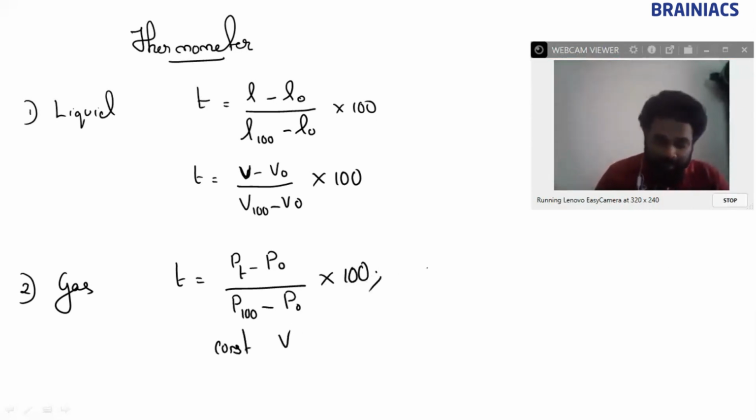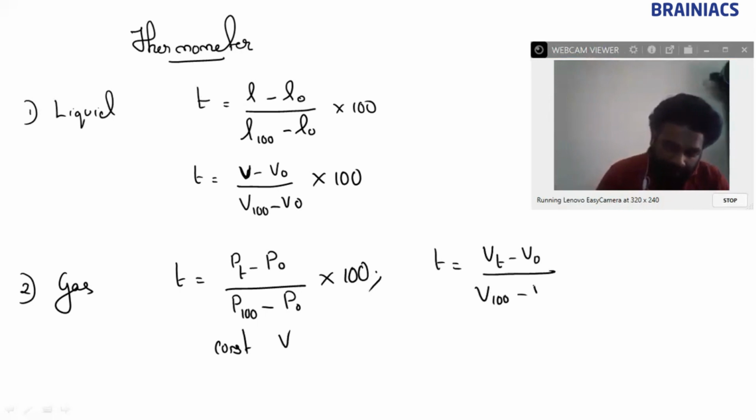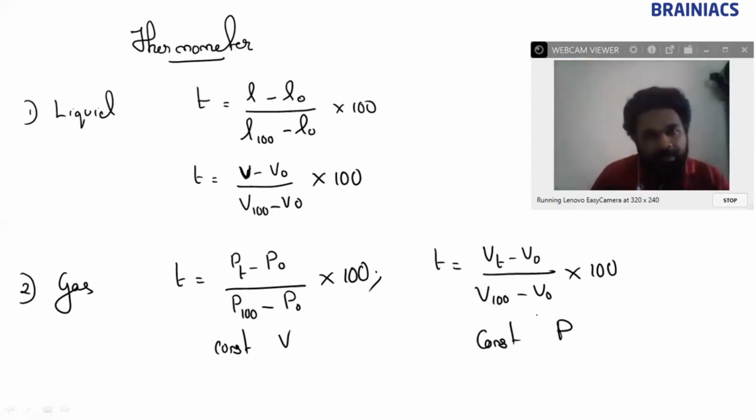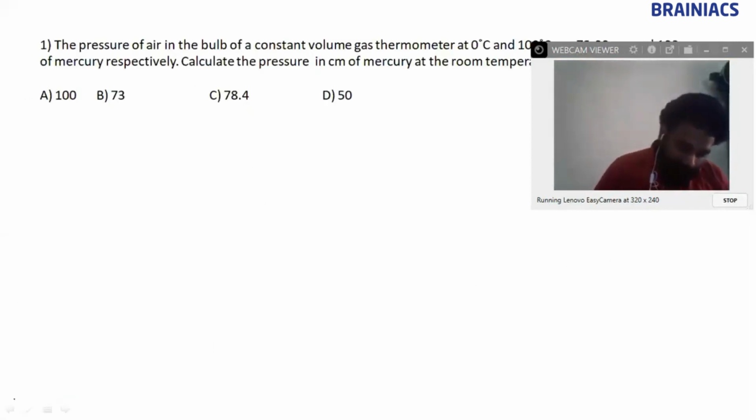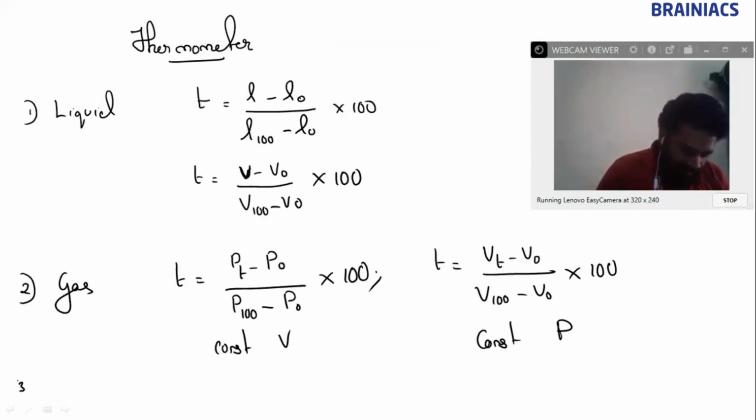Another case is T equal to Vt minus V naught divided by V100 minus V naught, into 100. This is possible at a constant pressure. Whenever we deal with gas, there are situations at constant pressure and also at constant volume. One more case we will discuss is the resistance thermometer.